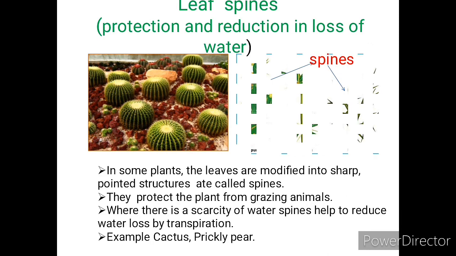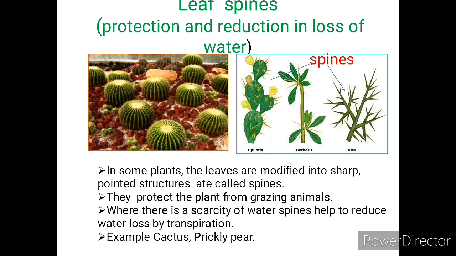Now come to the next modification of leaf. The next type is leaf spines. In this, the leaves are modified into spines. So what are spines?